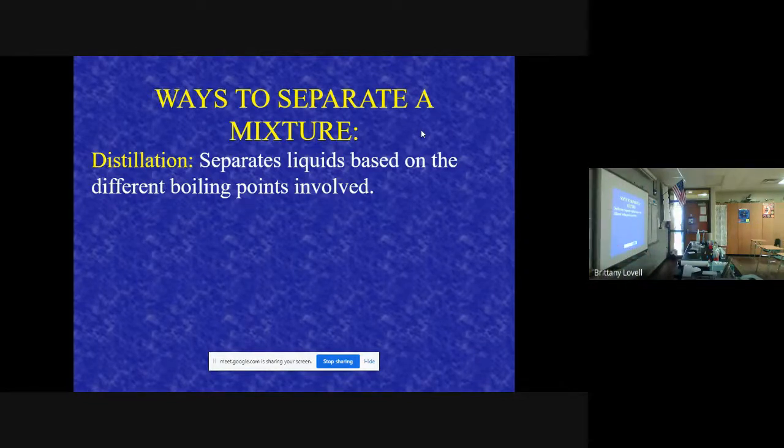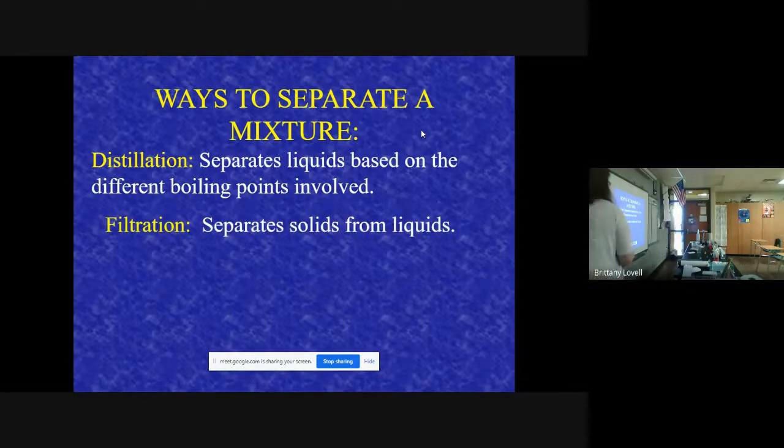Another kind of separation of a mixture would be filtration. Filtration is where you're separating solid from liquid.